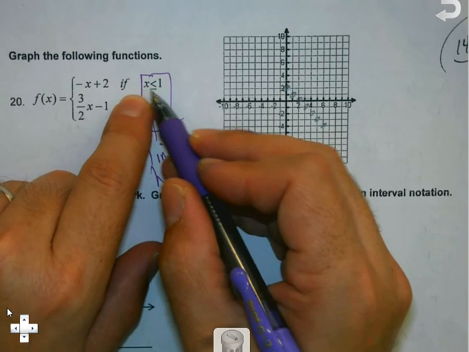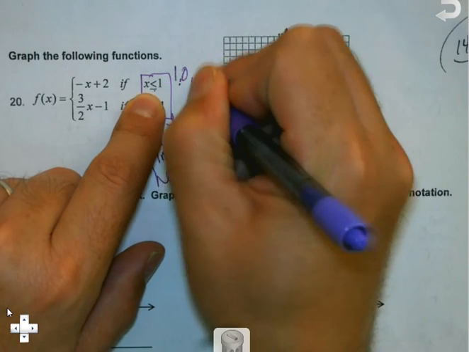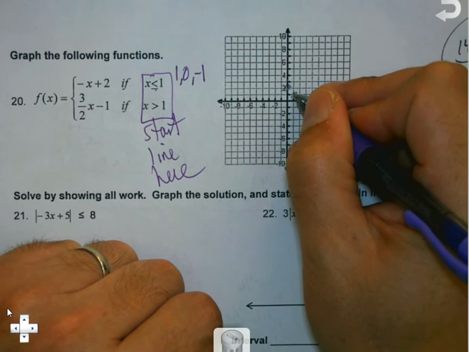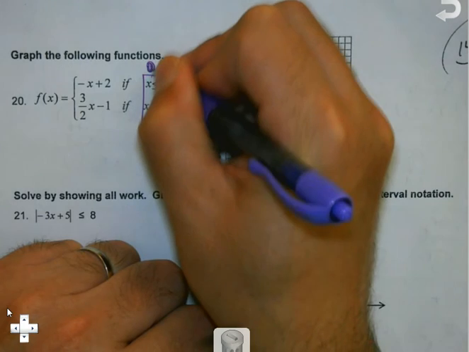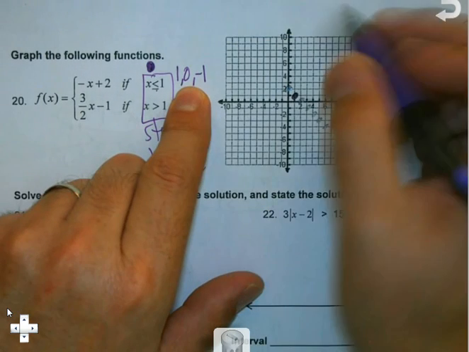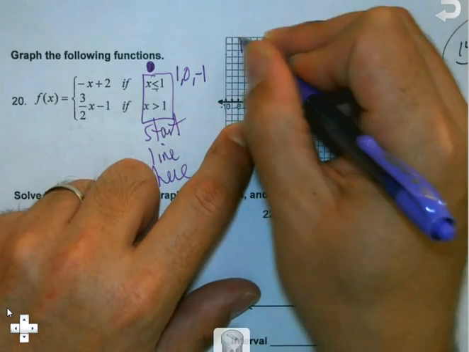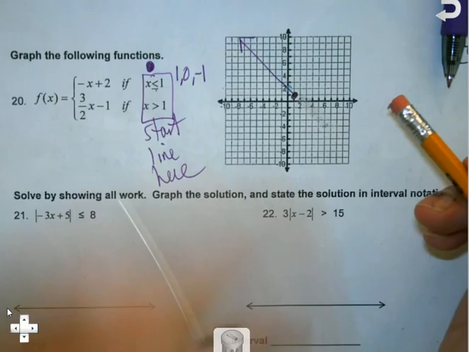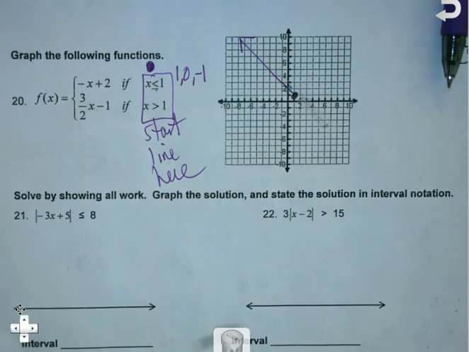It's less than that. So I'm looking at points like 1 and 0 and negative 1. So I go, okay, here's x is 1, here's my dot. It's a closed dot because it's or equal to. And then starting to the left of that, I'm going to connect the dots. I don't need these other ones. Or if you even wanted to, you could just plug those 3 numbers in here and just plot those 3 points. It's absolutely an acceptable way to do it.